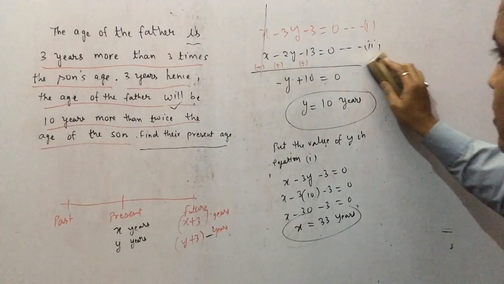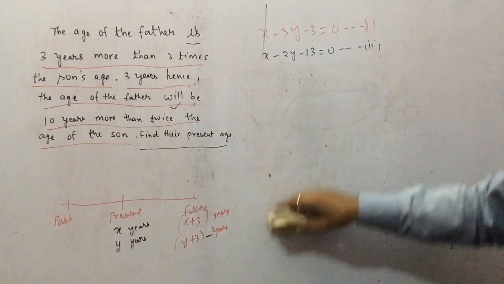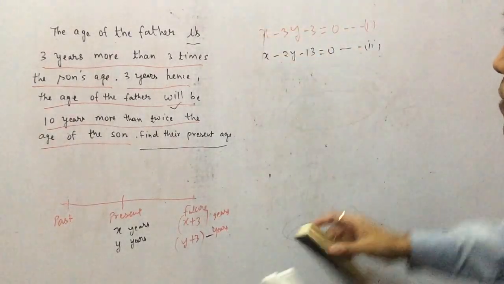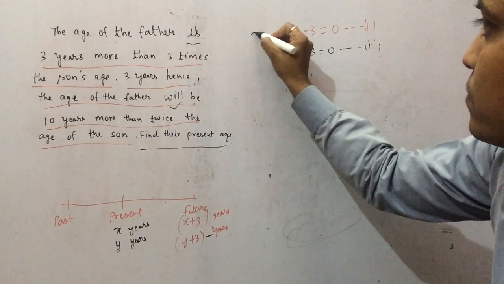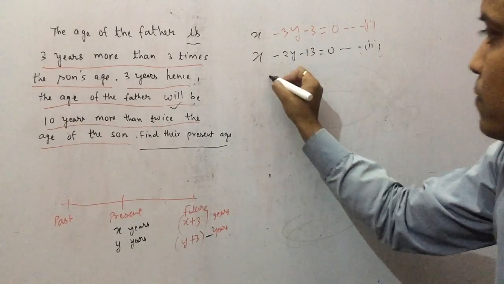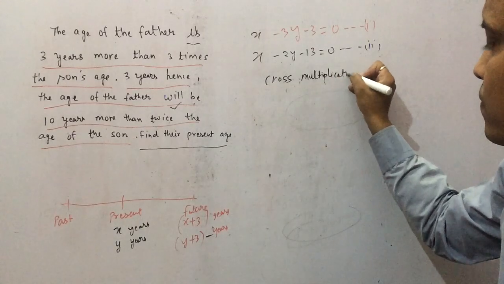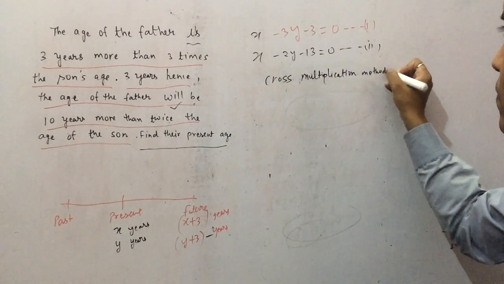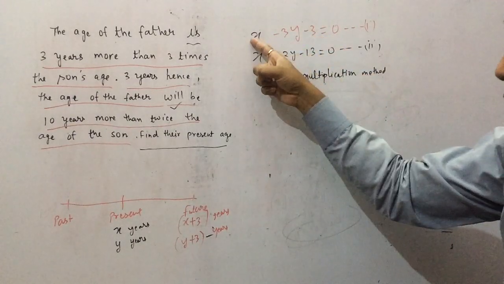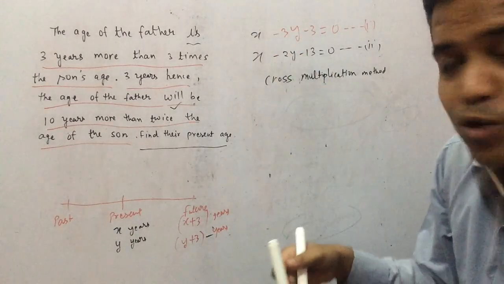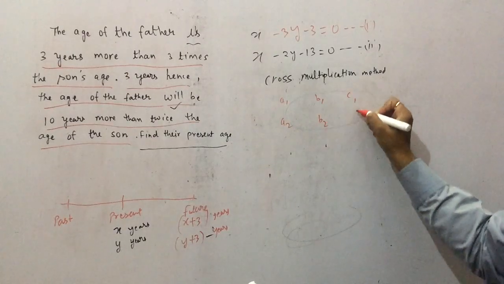Now let's talk about the last method, the cross multiplication method. Actually, you have a system of two linear equations, with a1, a2, b1, b2, c1 and c2.